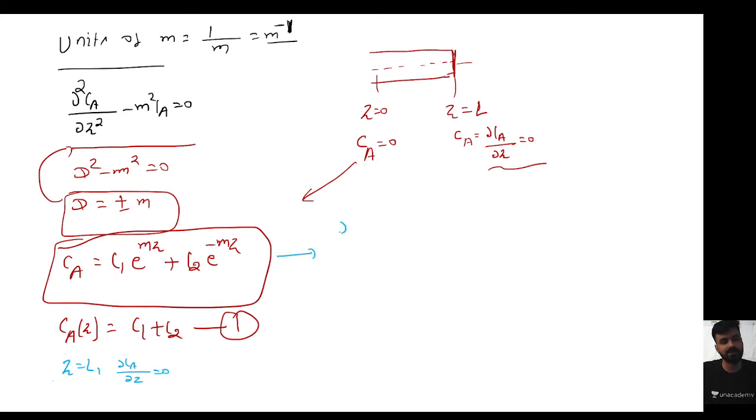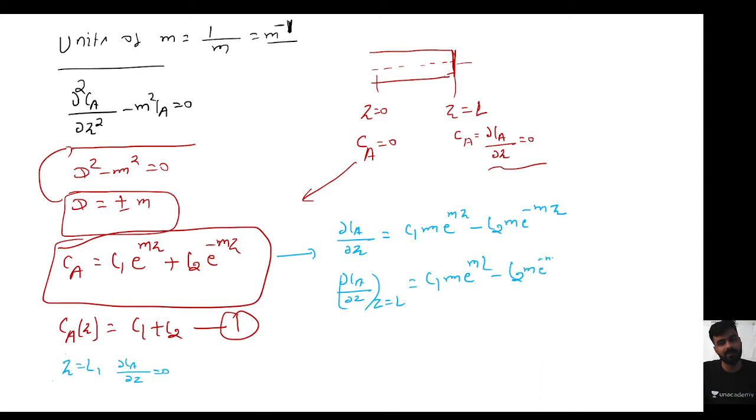And at z equals L, ∂C_A/∂z equals 0. So ∂C_A/∂z is equal to C1 m e^(mz) minus C2 m e^(−mz), and so ∂C_A/∂z at z equals L is C1 m e^(mL) minus C2 m e^(−mL), and that is equal to 0.